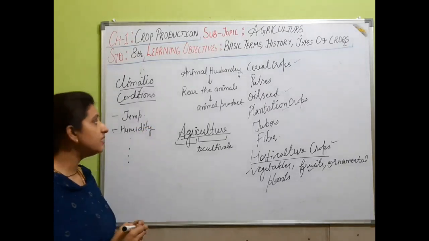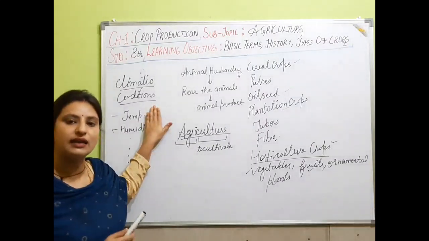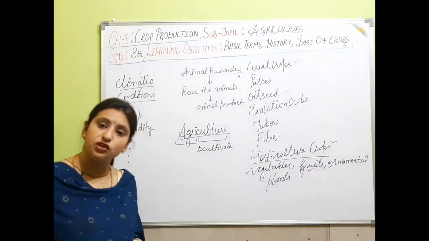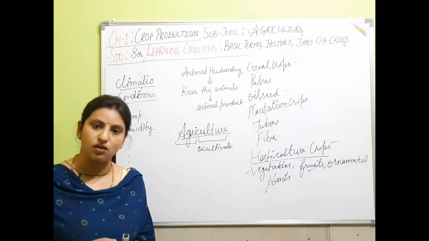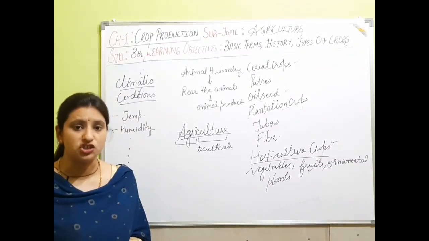So these climatic conditions are very much concerned with growing any kind of crop. And in India we know that there are a number of seasons, and according to the seasons we have different types of climatic conditions.